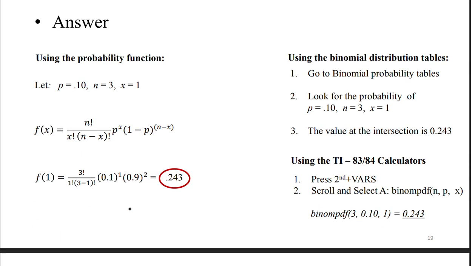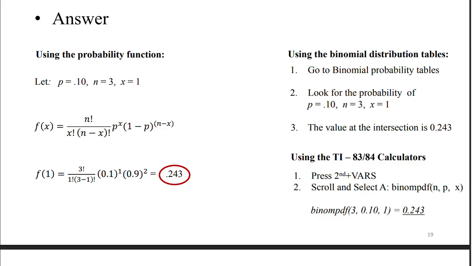Let's look at how we will do that using the binomial probability function. We take our value of n, which is 3 factorial, divided by the value of x, which is 1 factorial, times (3 minus 1) factorial, times p to the power of x.